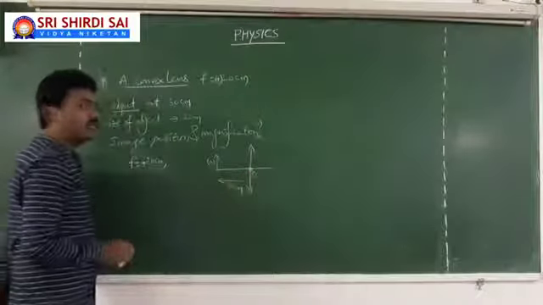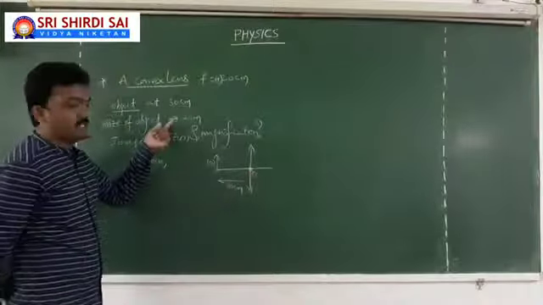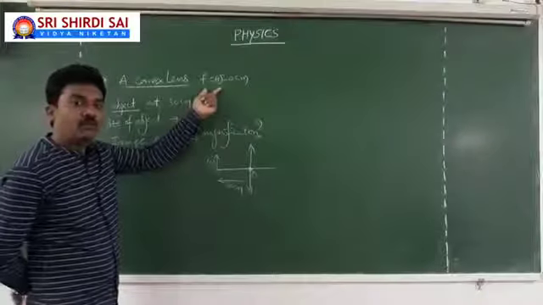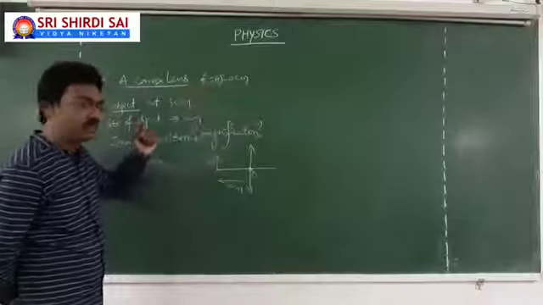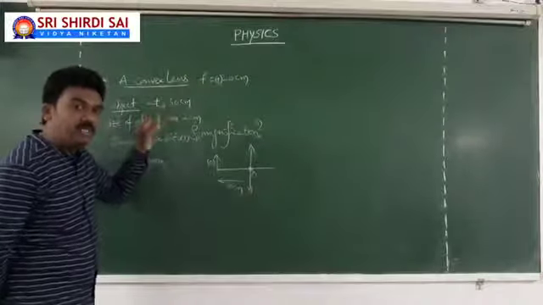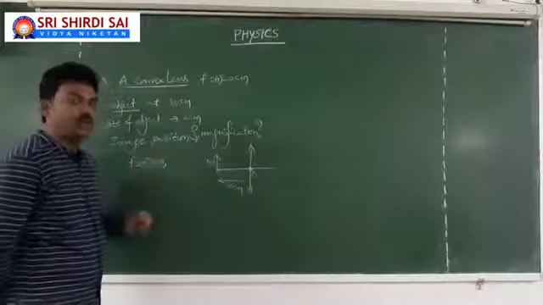From the given data, first of all, as focal length is 20, 2F position will be at 40 centimeters, but the object is placed at 30 centimeters. Means your object is in between F and 2F.